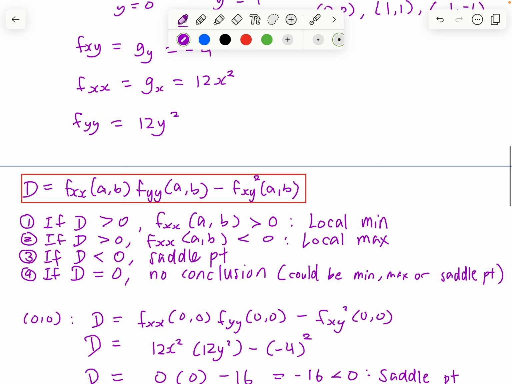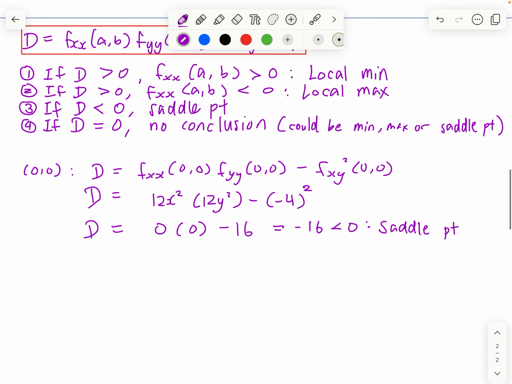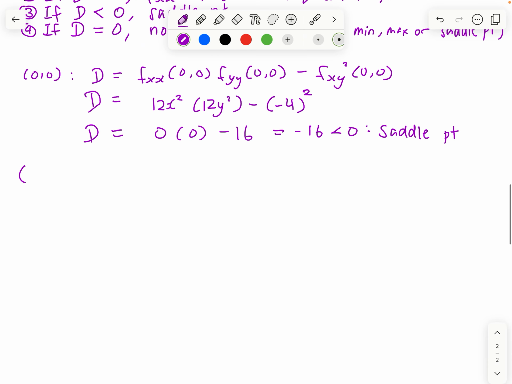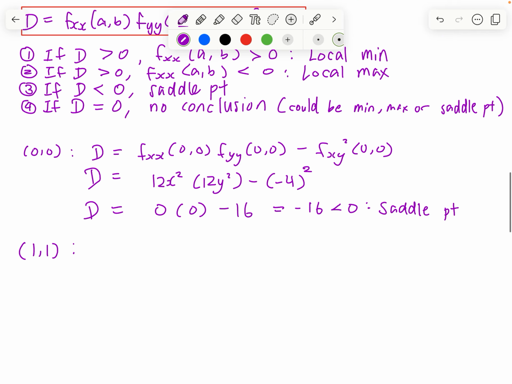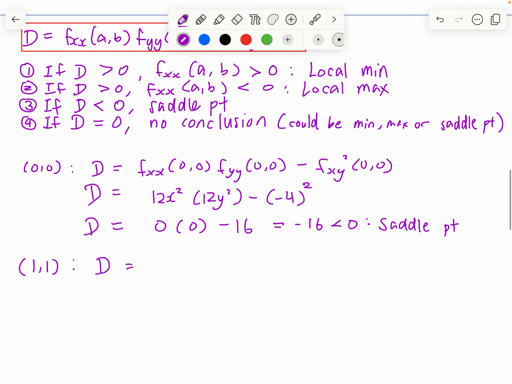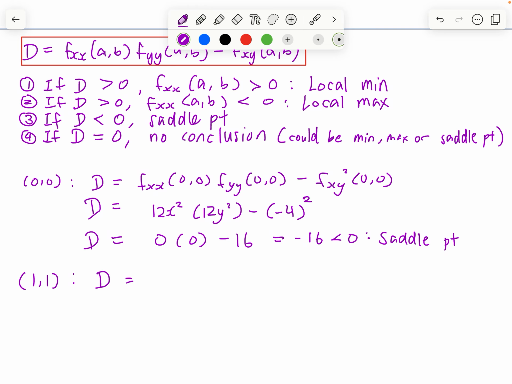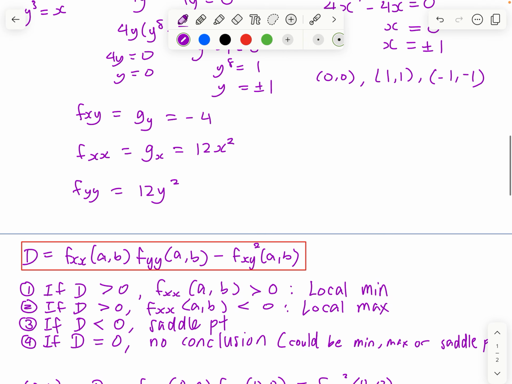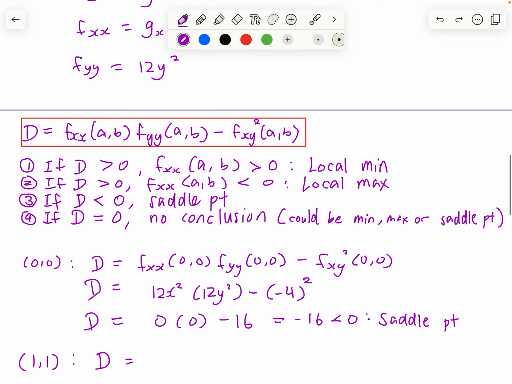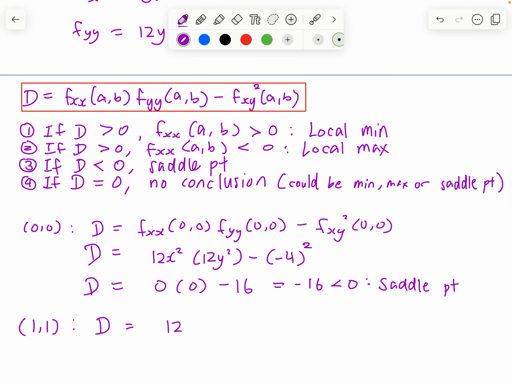Now I'm going to speed it up a little bit and do the point 1, 1. So that's the discriminant at 1, 1. Now I want to see if that is greater than 0 or less than 0. So let's take a look. For fxx at 1, 1, 1 squared is just 1, so we have 12 as fxx.